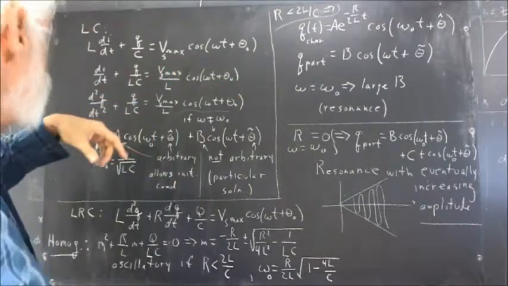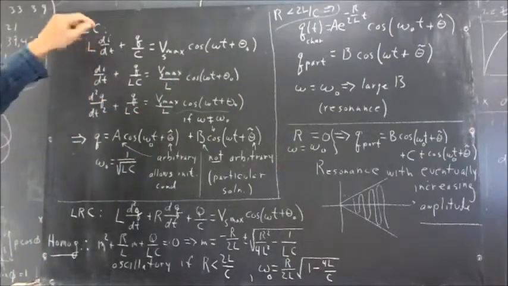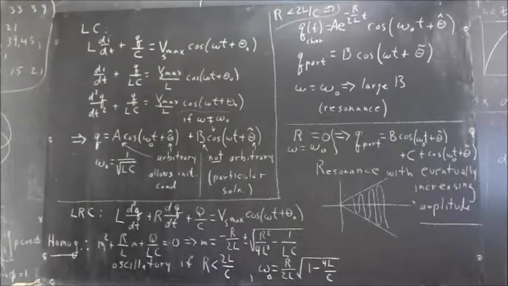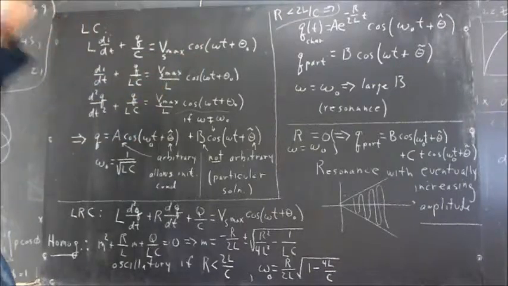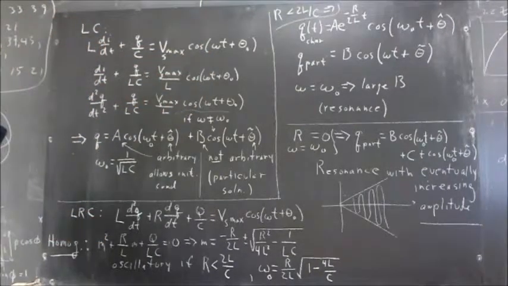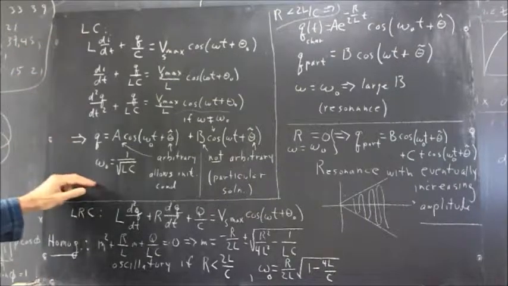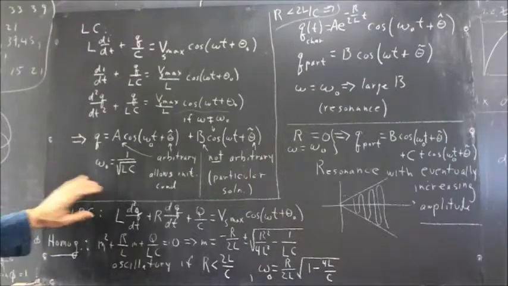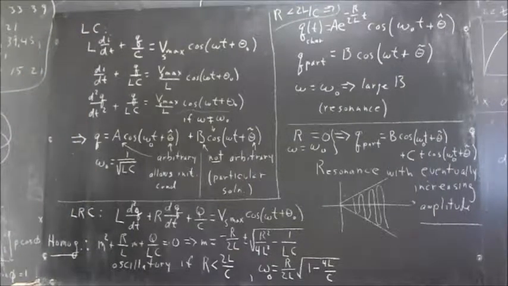Instead, we're going to assume, as we've already seen, a current function, I equals I max cosine of omega t, and then we're going to figure out all the rest of the quantities in terms of that current function. So we don't really need the differential equation to solve that particular case, but we want to put it in the context of the differential equations, which are really what justify the solution.